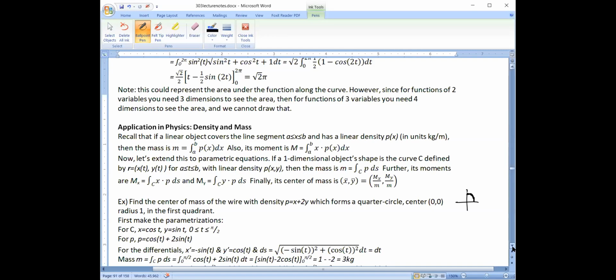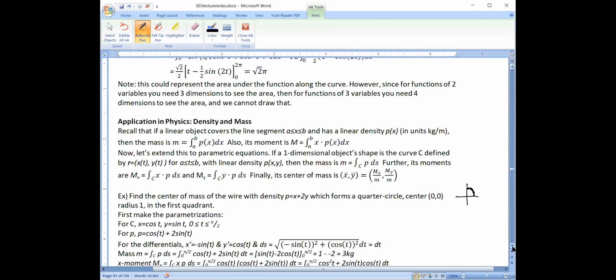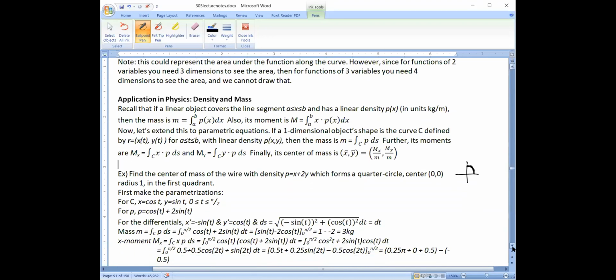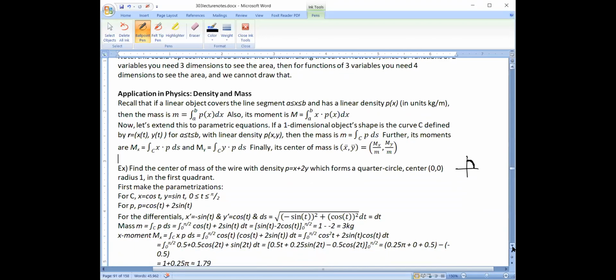It works very similarly for finding the x moment and the y moment. The integral is slightly harder, but it's the same idea. So the integral for the x moment, just to go through it quickly, is always the integral over the curve of x times your density p times ds.